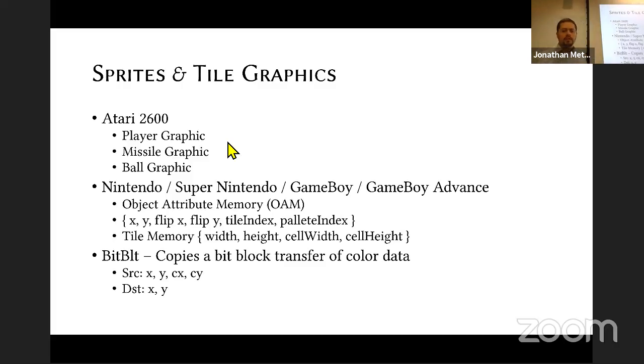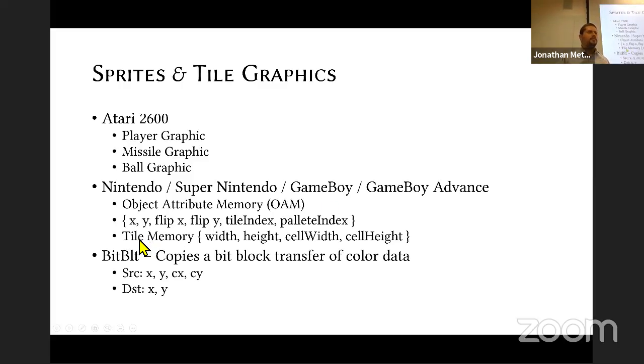The second approach takes the hardware sprite capability influence from Nintendo or Super Nintendo, and you can go all the way to Game Boy Advance and look at the hardware, and they basically copy this pattern over and over again. What you have is object attribute memory, or OAM, and tile memory. In OAM you can store where these sprites are located on the screen very easily.